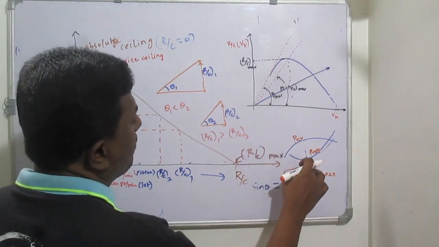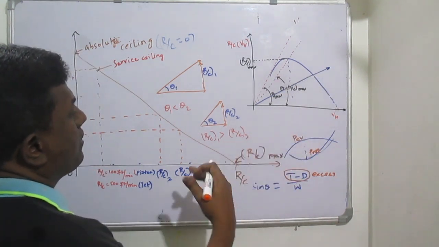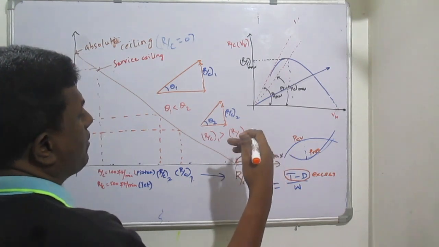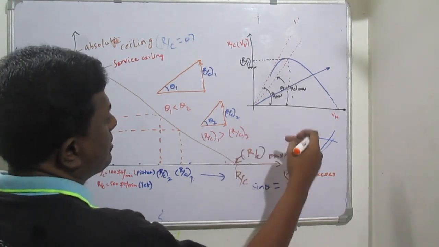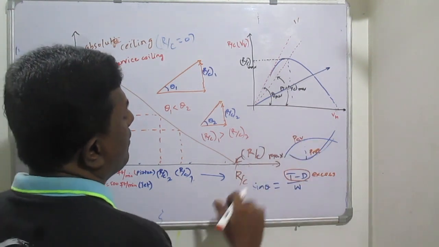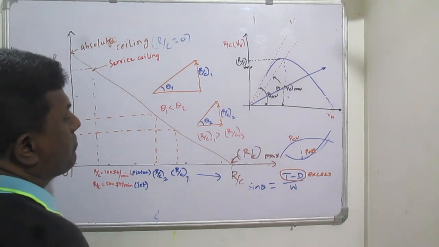In that condition we can also say that the drag will be lesser, which means the thrust required to overcome the drag will be very small. Because of that, we have the maximum excess power.